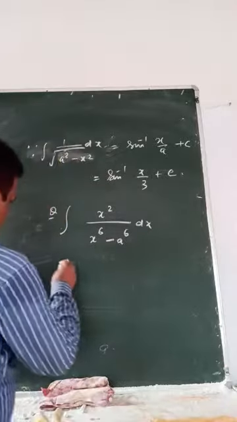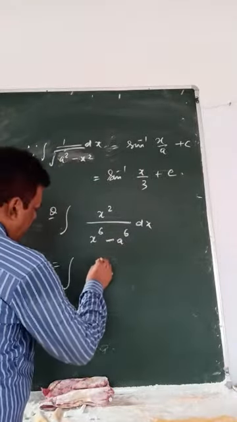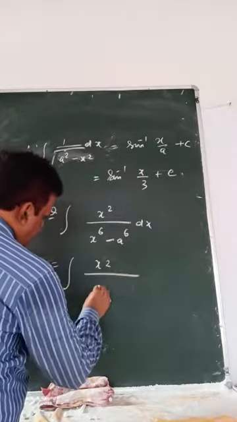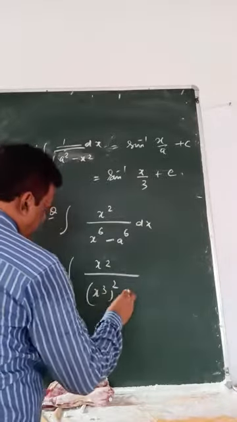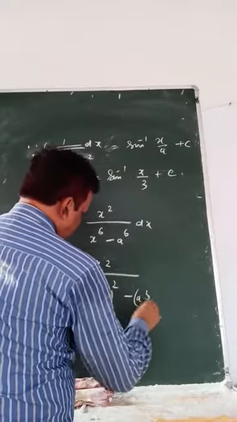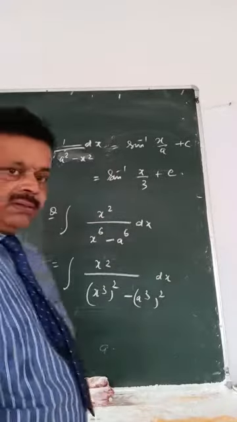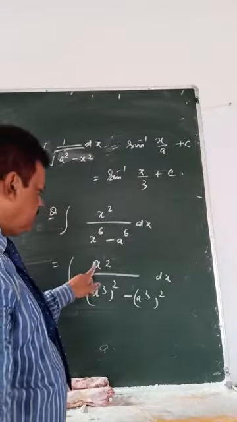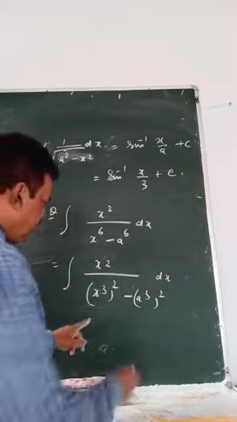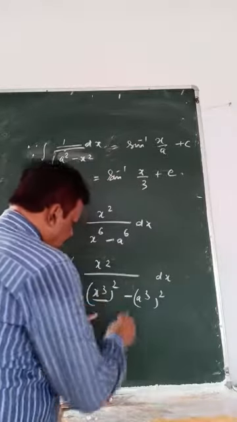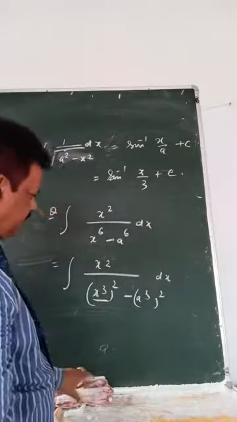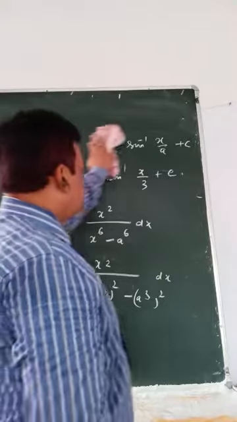So I can write one more step here: x cube whole square minus a cube whole square dx. Possible? But I have to remove this, so that by taking t, its derivative is this one. So go to the substitution method.